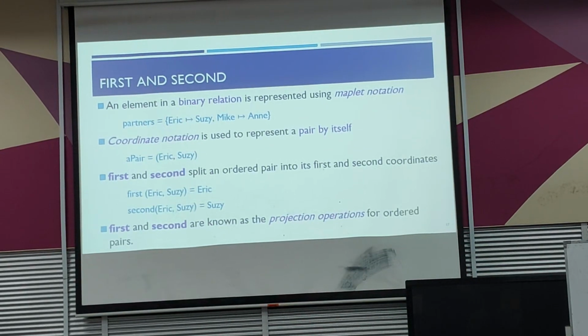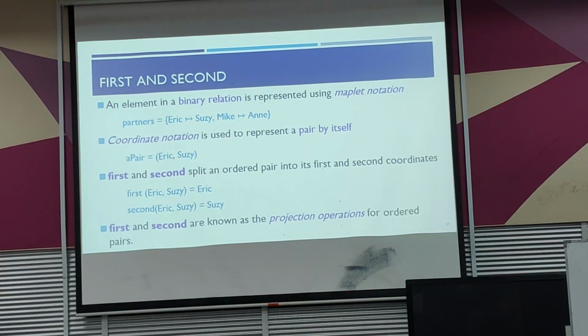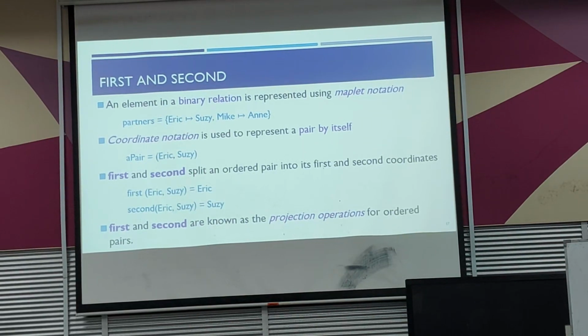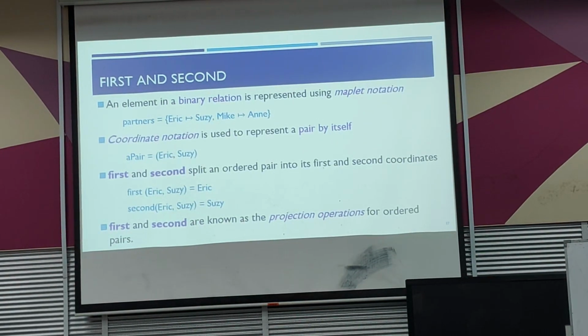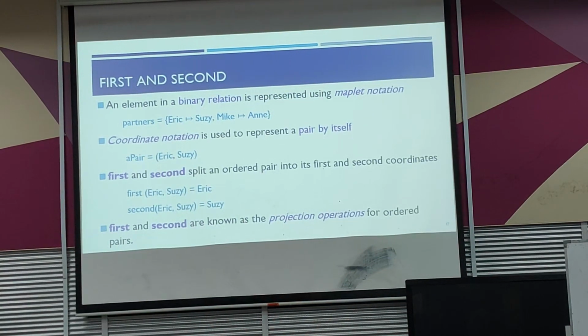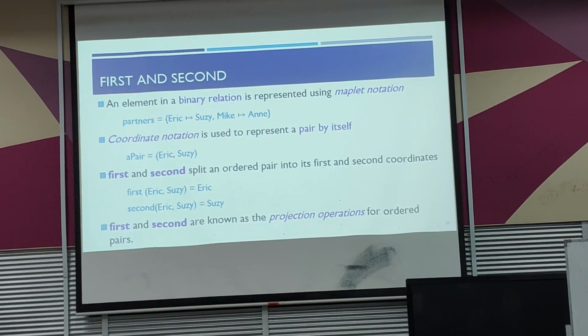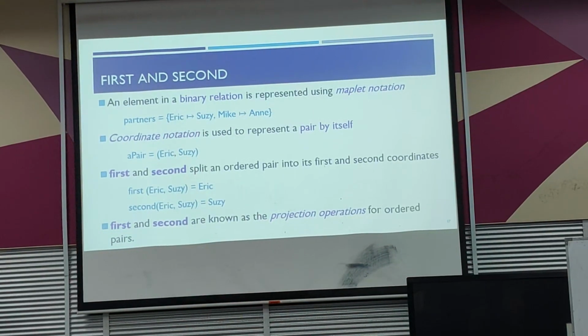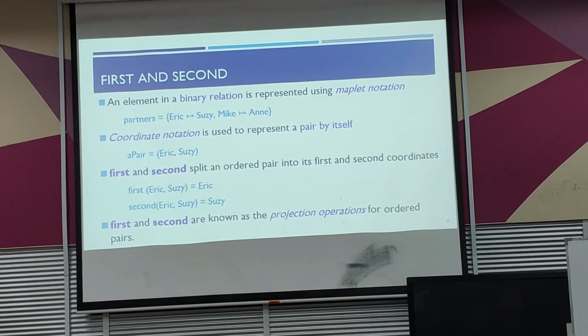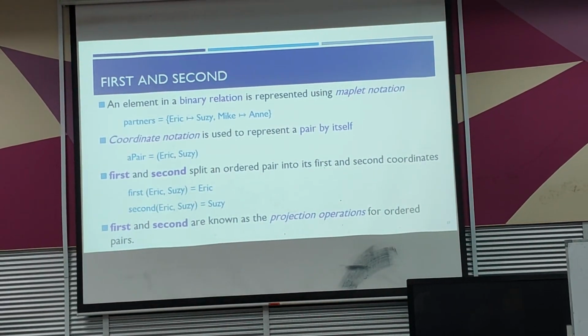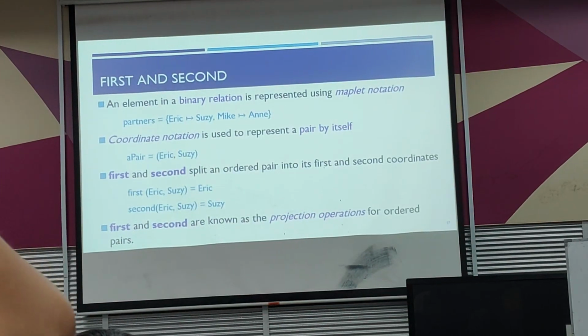I just want to let you know that there is a keyword first and second, so make sure that you don't use first and second as your variable, because they are keywords for relations and so on. We seldom use first and second, but they are keywords. So just to remind you, don't use first and second as your variable.